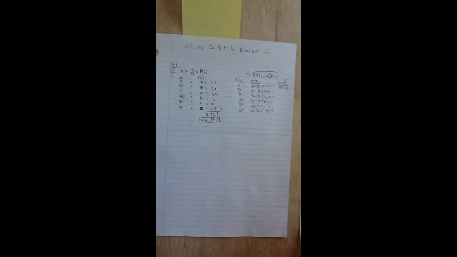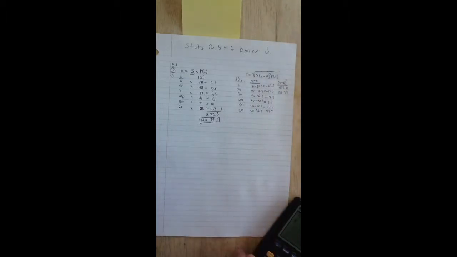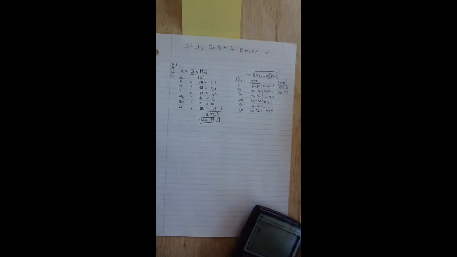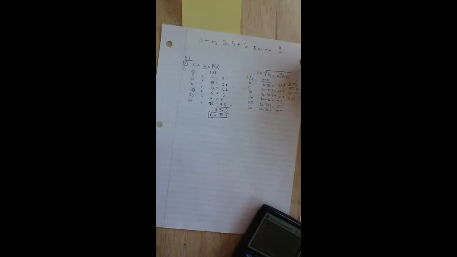Okay, 12.3 squared, that's going to give me 151.29, 2.3 squared, 5.29. Okay, sorry about that.